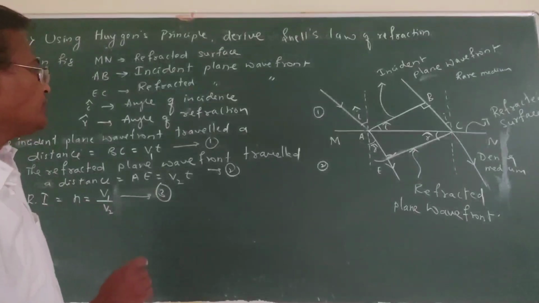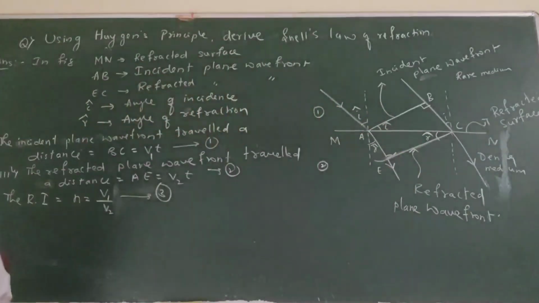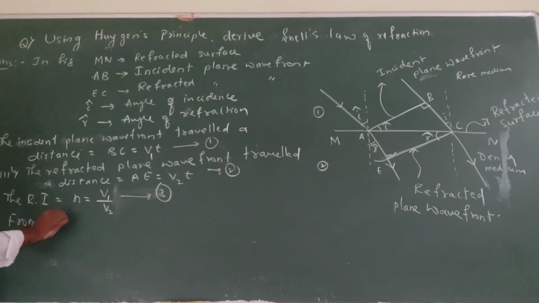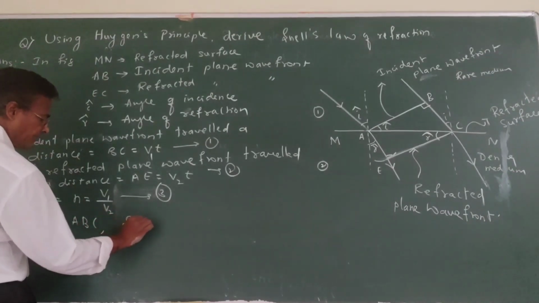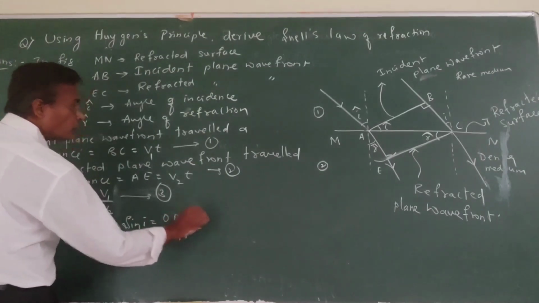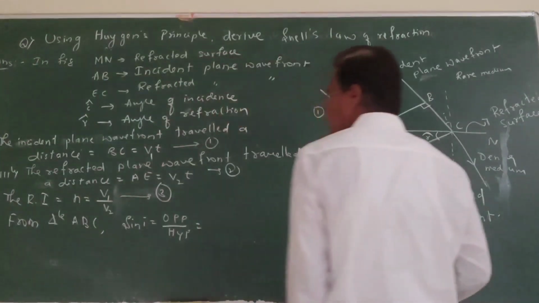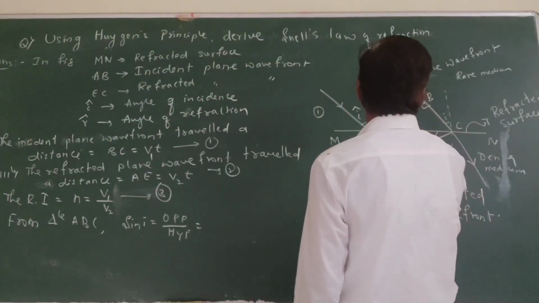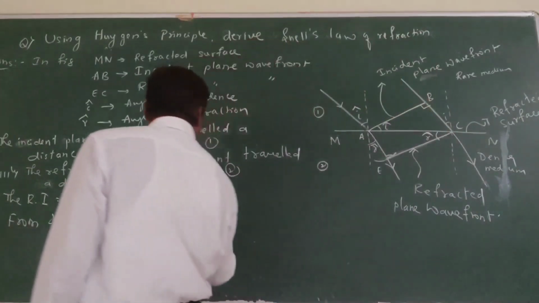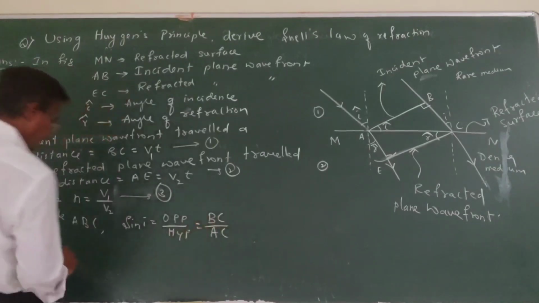So now we are going to see this one triangle ABC. From triangle ABC, sin I equal to opposite by hypotenuse. Opposite is BC. Opposite to this angle is BC. Hypotenuse is AC.